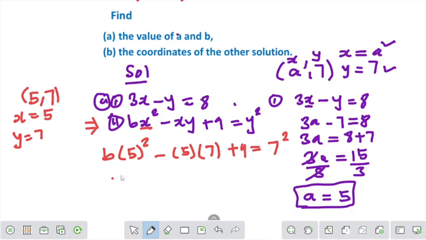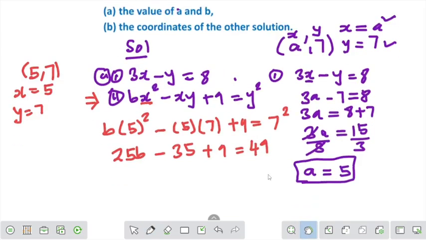So this will be 25b, because 5 squared is 25. Then minus 35, 5 times 7, then plus 9 equal to 7 squared, which is 49.